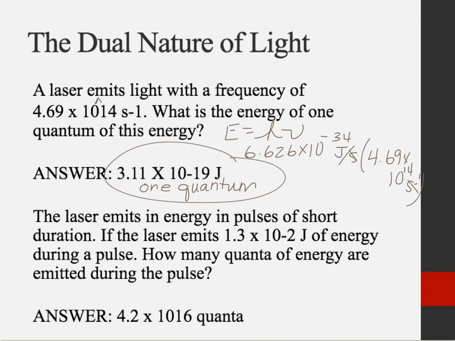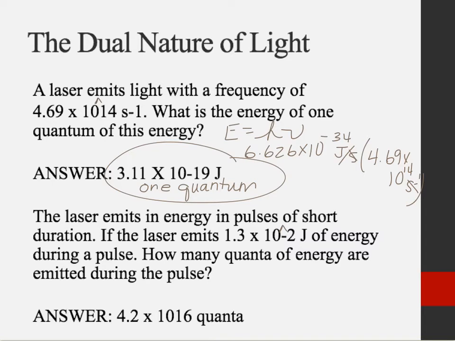Now it says the laser emits an energy in pulses of short duration. If the laser emits 1.3 times 10 to the negative 2 joules of energy during a pulse, how many quanta of energy are emitted during the pulse?